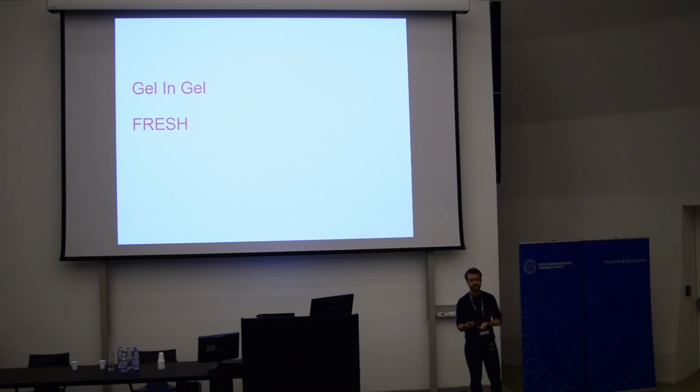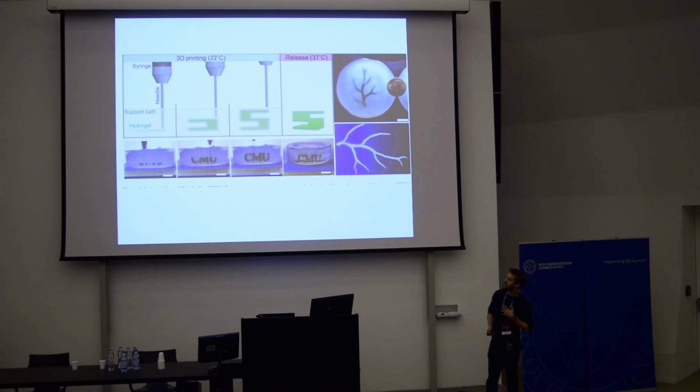So what Carnegie Mellon did, by a professor named Adam Feinberg, is that he decided to make this slushy bath. He would take his needle and print his gels inside the slushy bath, allowing him to make different structures.